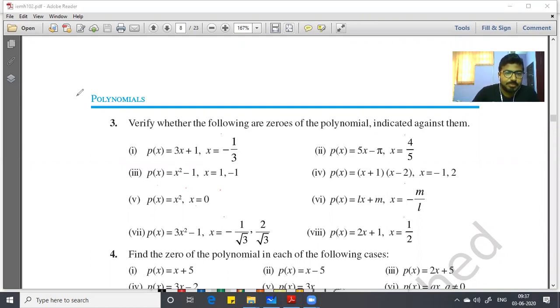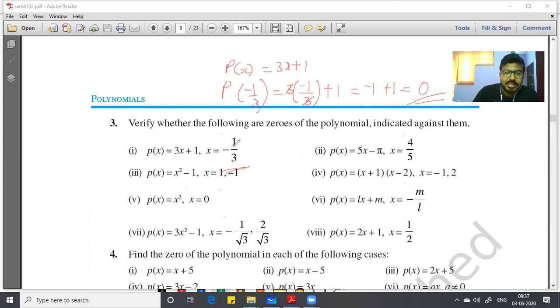I will do the first one. Okay, p of x is equal to 3x plus 1. अभी नेक्स्ट देखो x का वैल्यू कितना बोला हुआ है, -1/3. इक्वल टू 3 इंटू, अभी x की जगह क्या सब्स्टिट्यूट करूंगा, -1/3 प्लस 1. अभी ये 3 और ये 3 कैंसिल हो जाएगा, बचा -1 प्लस 1. ओके, -1 प्लस 1 कितना होता है, 0.